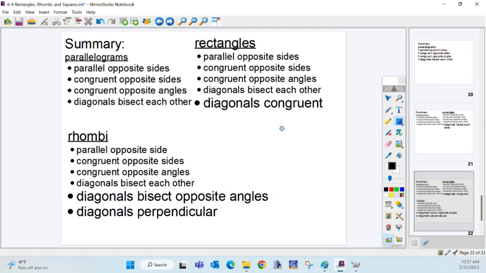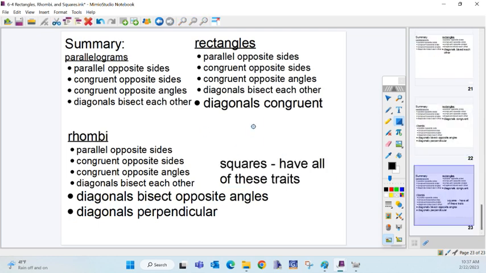On top of that, the diagonals are congruent. That's why I made it a different font size. Rhombi also have all of the traits for parallelograms, but also that diagonals bisect the opposite angles, and they are perpendicular. And then we had our squares, which was so expertly pointed out earlier, that the squares have all of those traits. And that kind of wraps it up.